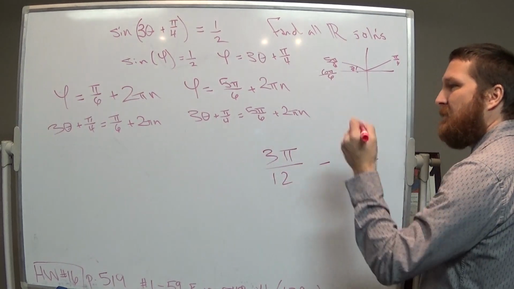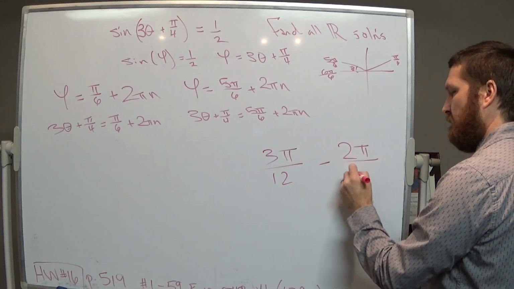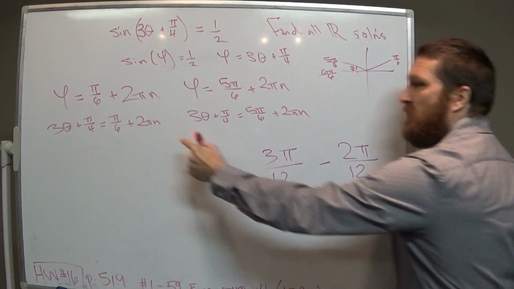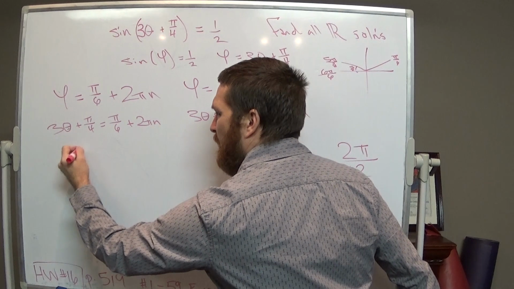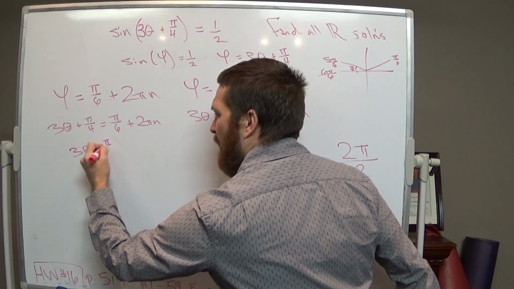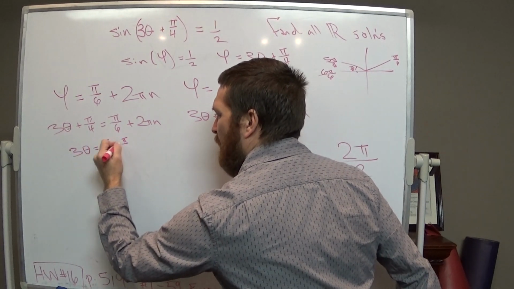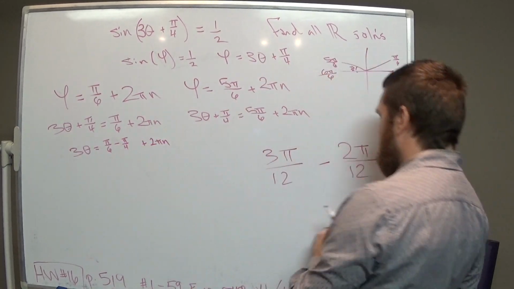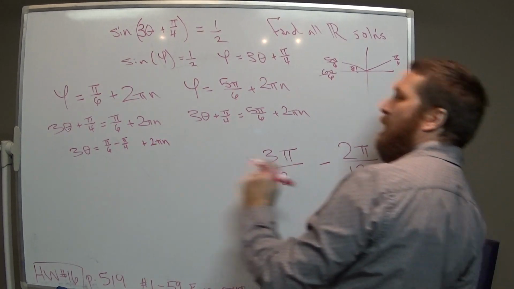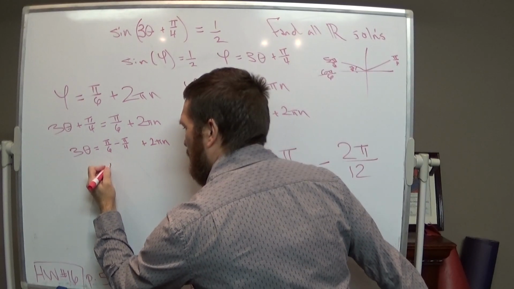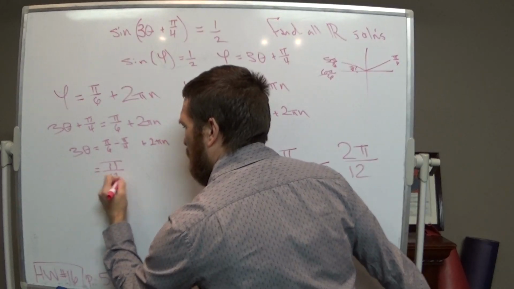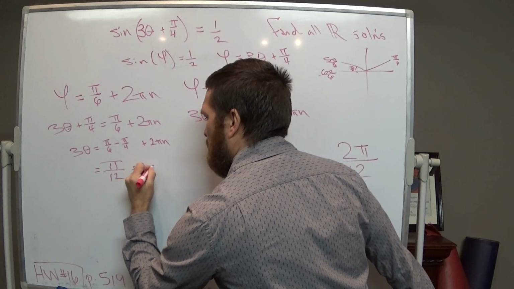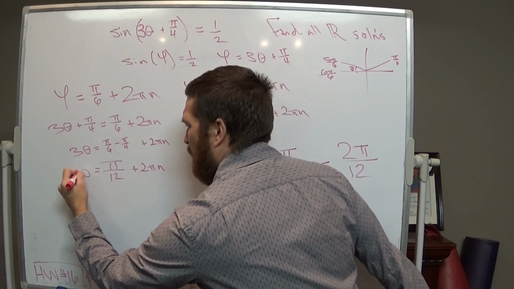And what times 6 equals 12? 2. So to be explicit, pi over 6 minus pi over 4 gave us pi over 12. Pi over 12 plus 2 pi n equals 3 theta.